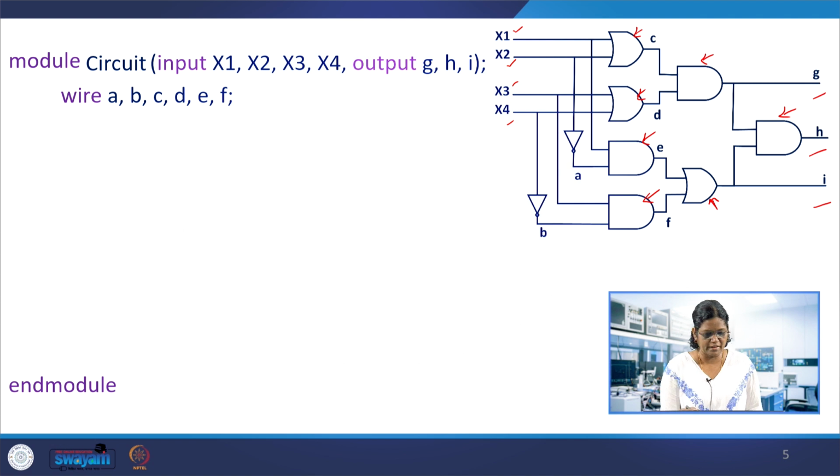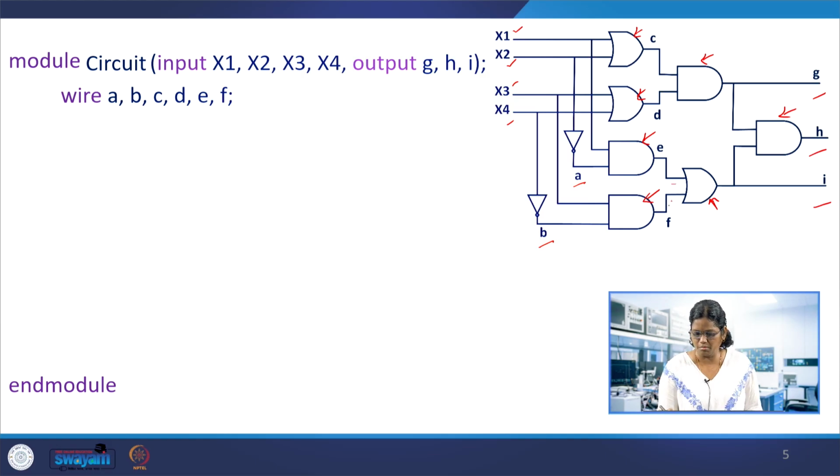After the declarations, we are also declaring wires here. You can see what the wires are, apart from the inputs and outputs. A is one wire, connecting the output of the NOT gate to the input of this AND gate, and the output of this NOT gate to this gate is B, and C is from here to here, connecting these two, and D is also connecting the second OR gate to the next one.